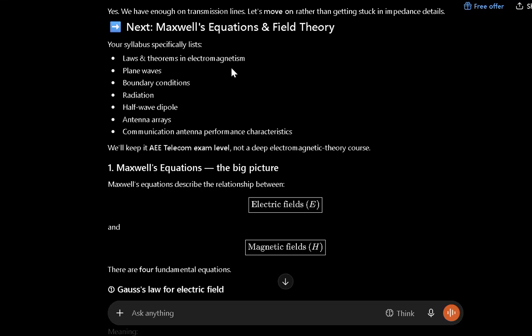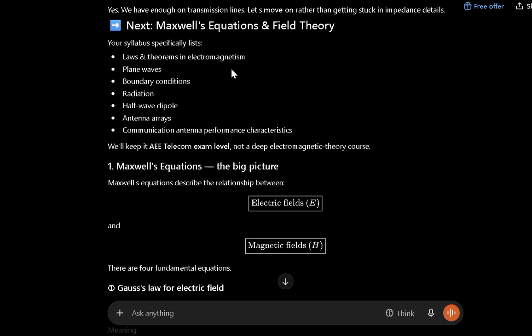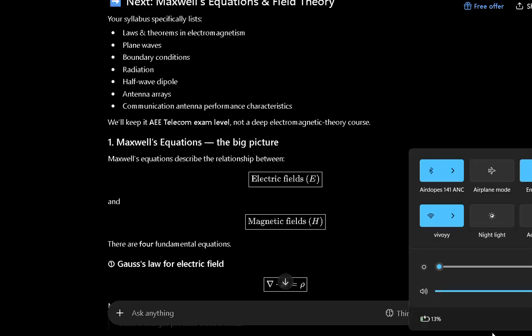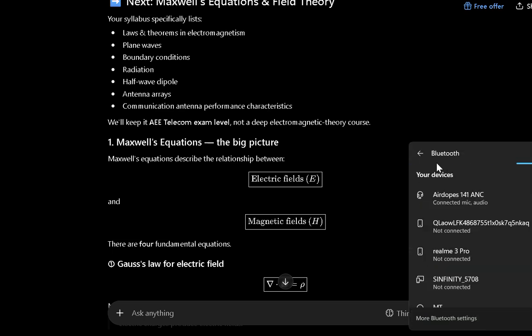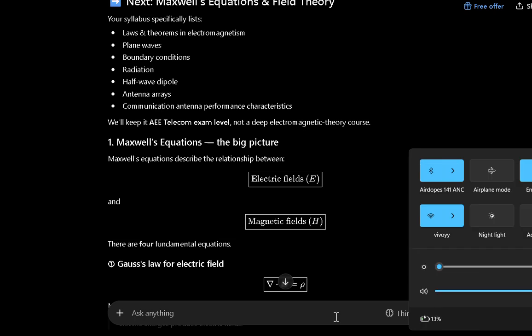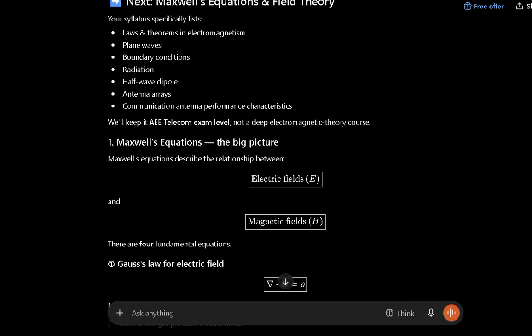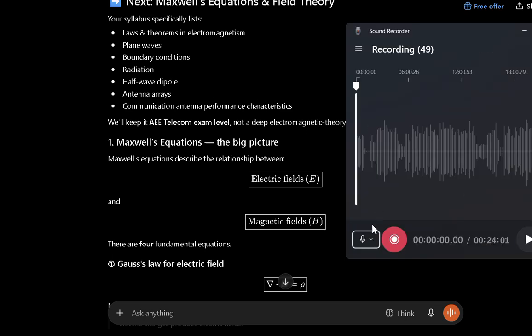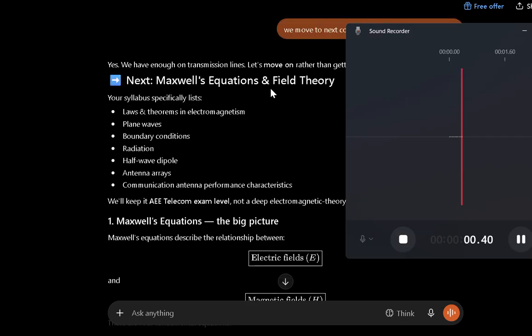So we are going to study Maxwell equations and field theory. This is my syllabus: laws and theorems in electromagnetism, plane waves, boundary conditions, radiation, half-wave dipole, antenna arrays, communication antenna, performance characteristics.